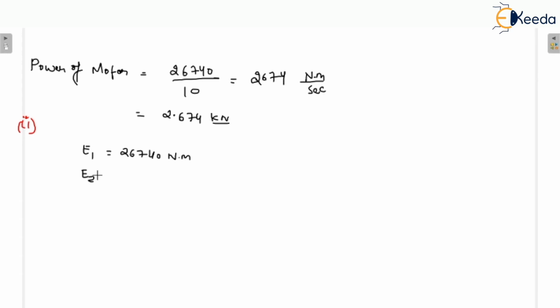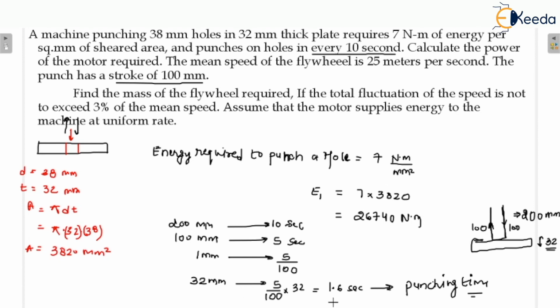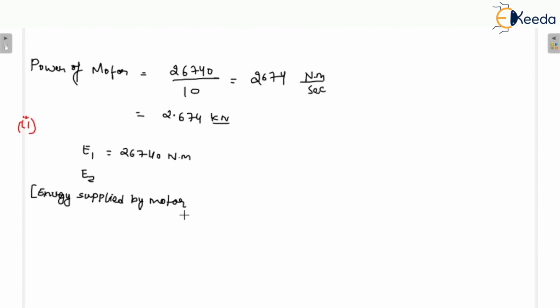And what is E2? E2 is nothing but the energy supplied by the motor in 1.6 second, because 1.6 second is the punching time.